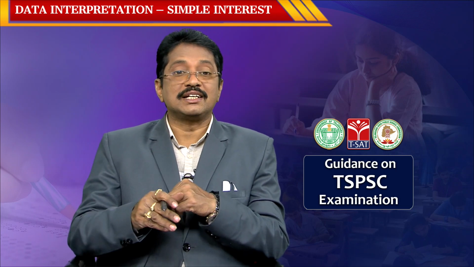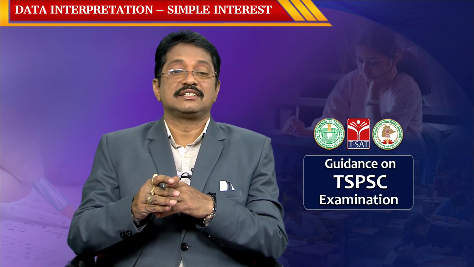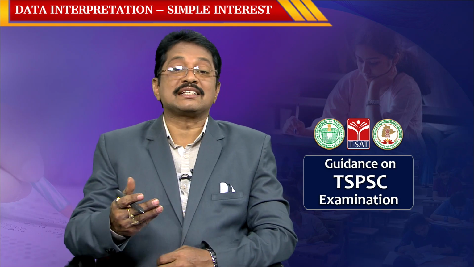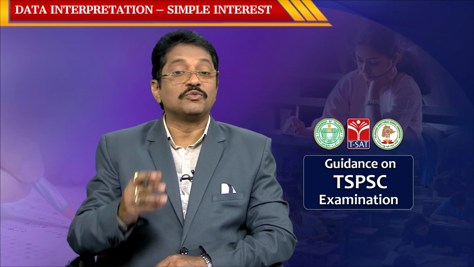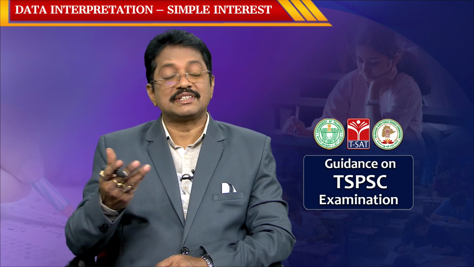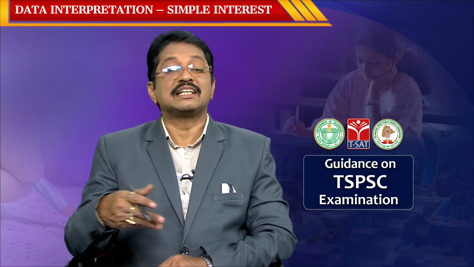Whereas, in compound interest, this 110 rupees, including interest with the principal amount for the first year, will become the principal amount for the second year. So 110 will be the principal amount and the 10% rate of interest will be the rate. So 10% of 110 is 11 rupees.